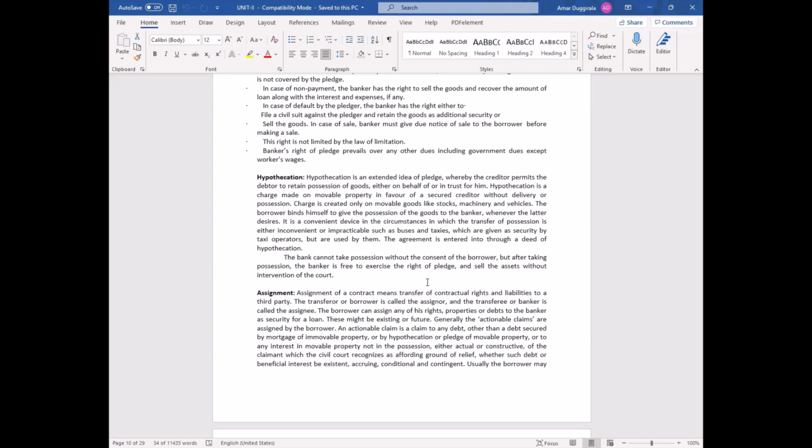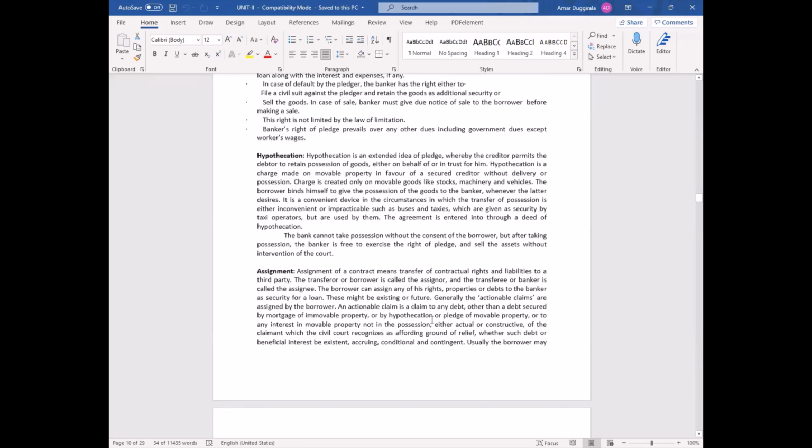But the point is that bank doesn't have the possession, but has a legal right to forfeit the house. So they have to initiate the legal process to forfeit the house, forfeit the vehicle which has been kept in security for non-payment of the debt. And once they have taken the possession legally, then they can sell the property off and get the payment for the debt. So that is what is hypothecation.